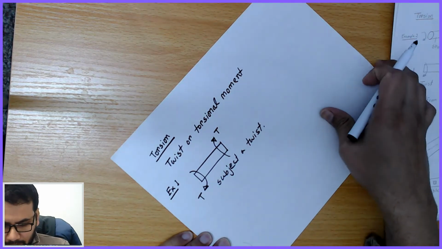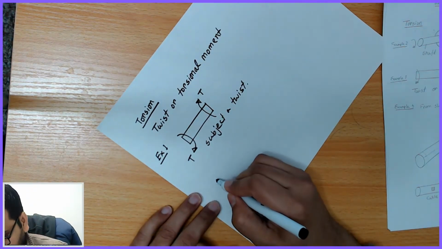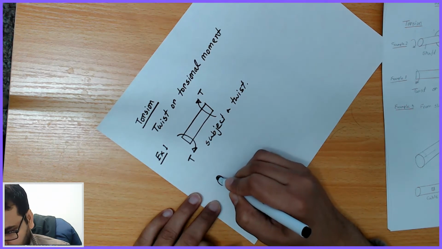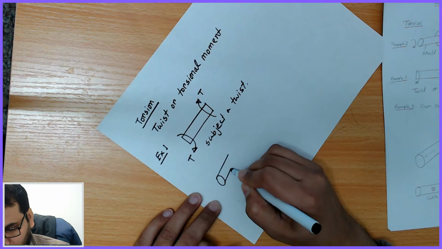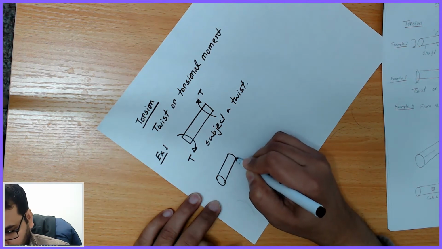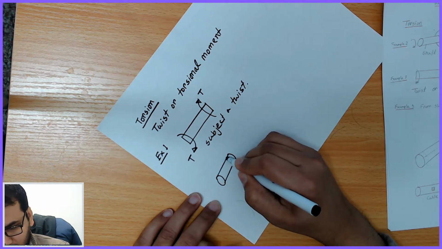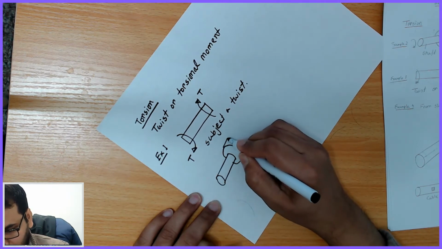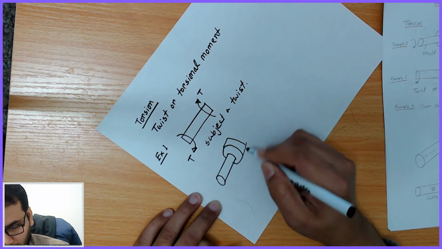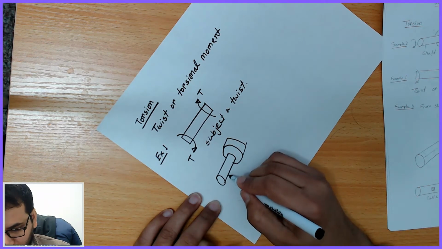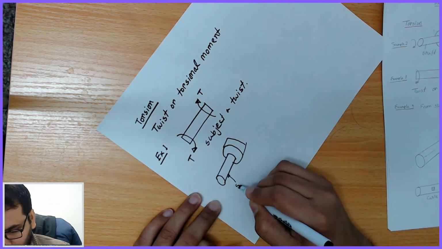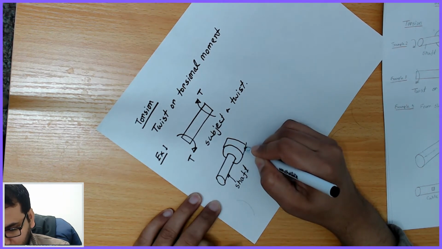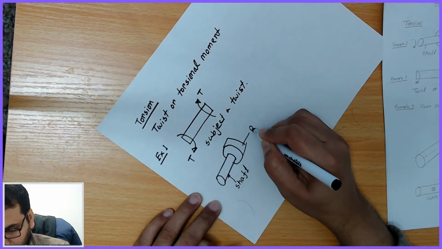Now consider another example. A shaft is attached with a bearing, and this is my shaft, and this is a bearing.